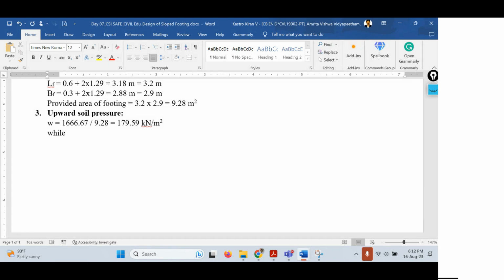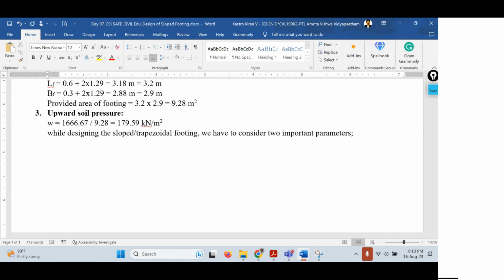So while designing a trapezoidal footing or sloped footing, we need to remember a couple of things. Let me write that. While designing the sloped or trapezoidal footing, we have to consider two important parameters. So what are they?